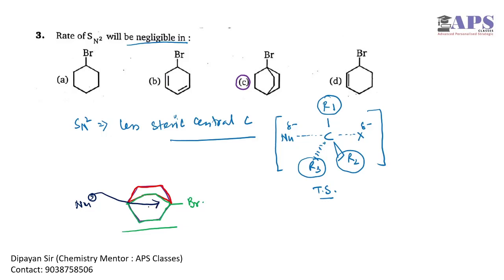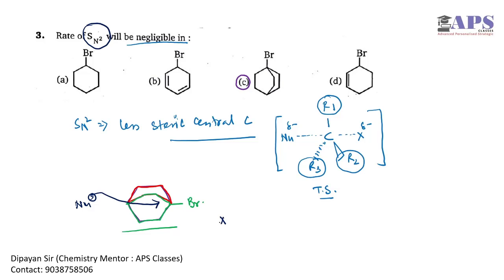In SN2 reaction, the nucleophile should approach the leaving group from the back side, or Walden inversion must take place. But in this case, the nucleophile cannot approach this bromine from the back side, as there is a huge steric hindrance present over the central carbon.